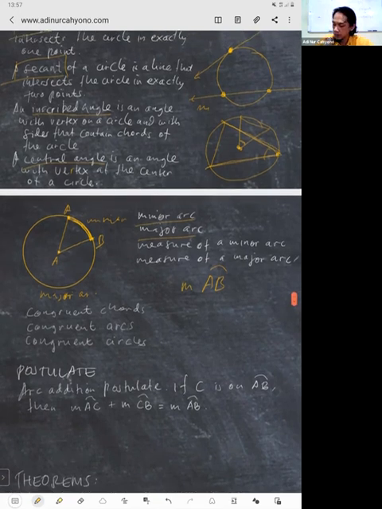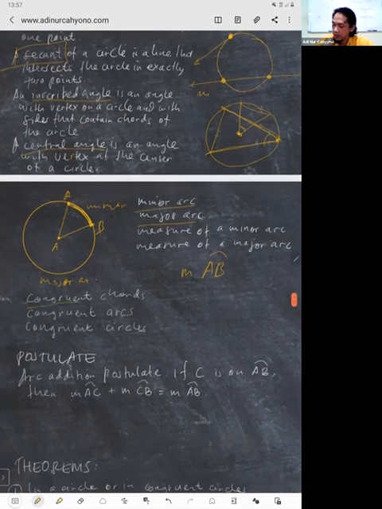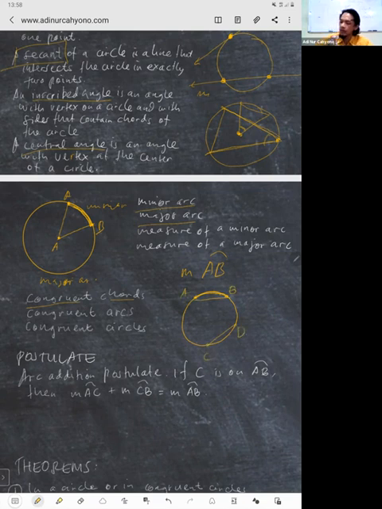Okay, and we have the congruent chords. If we have a circle, this is a chord, and this is another chord, AB and CD.